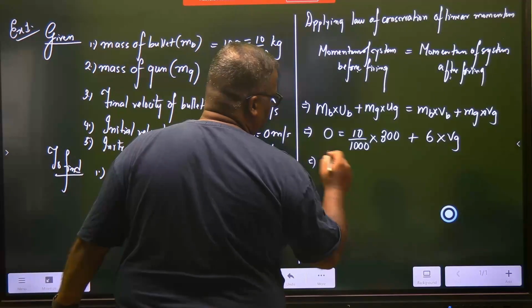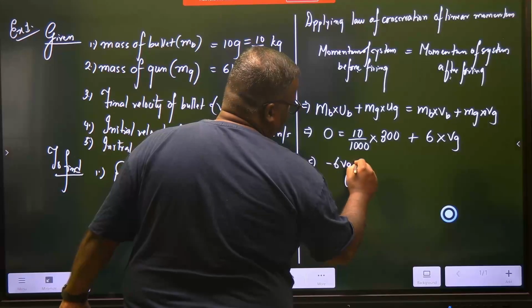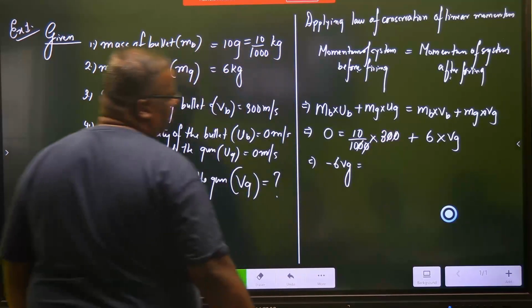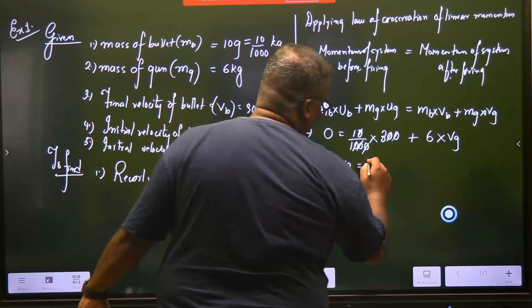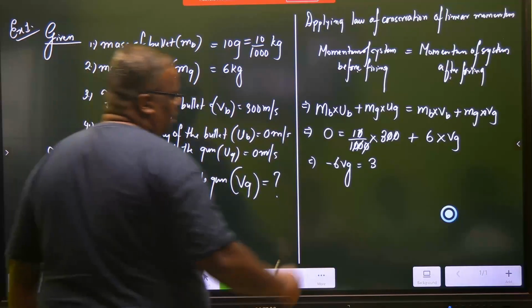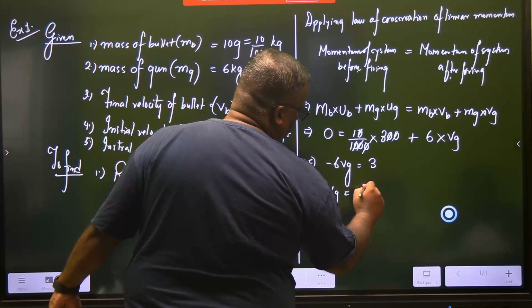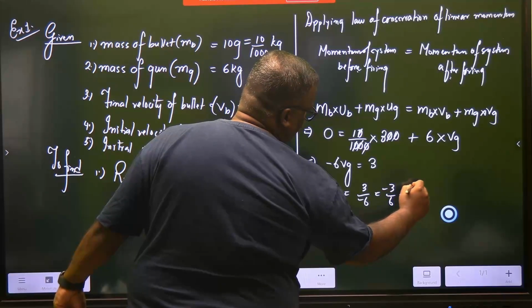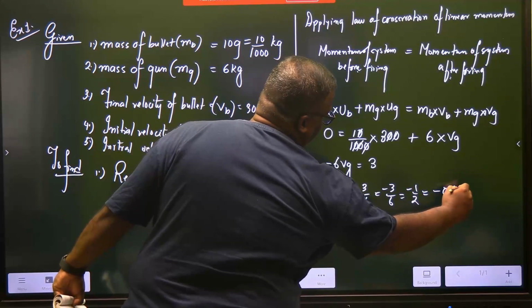So if you bring this side, it becomes negative 6 Vg is equal to, so we can cancel these two out here and cancel this with this, right? Is equal to 3. Negative 6 Vg is equal to 3, which means Vg should be equal to 3 divided by negative 6, which is negative 3 by 6, which is equal to negative half, which is equal to negative 0.5 meters per second.